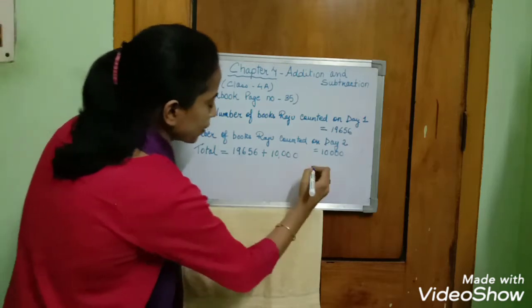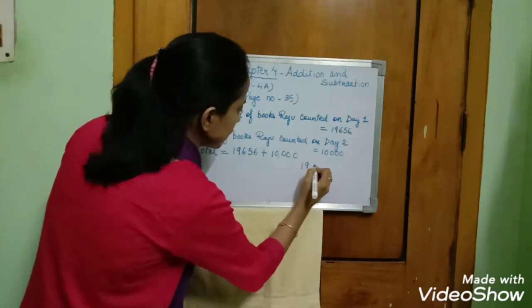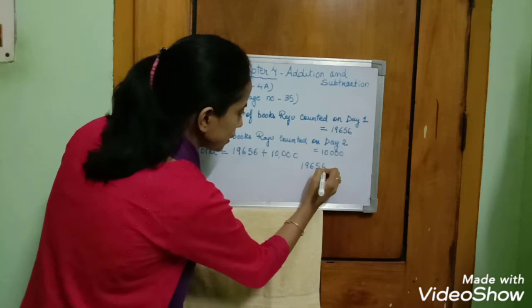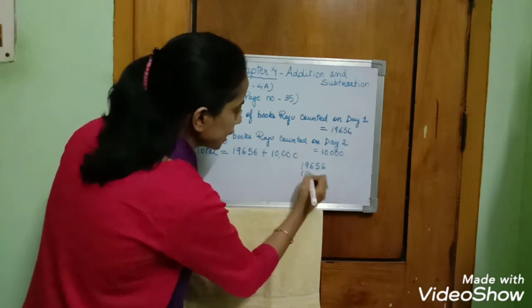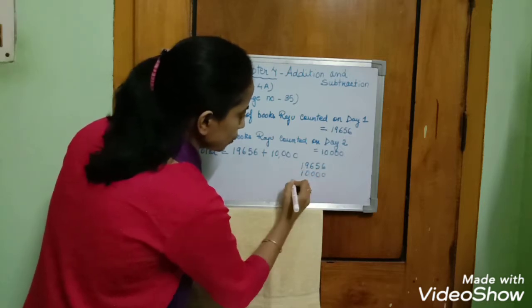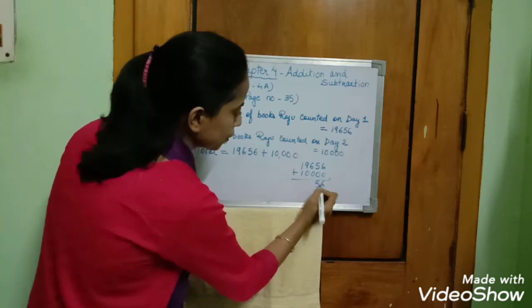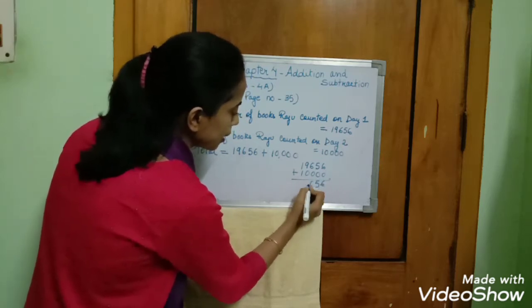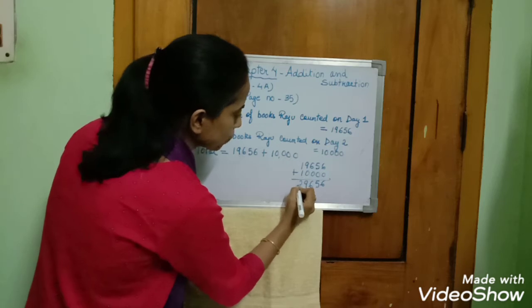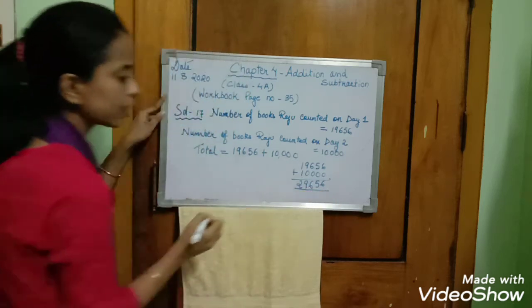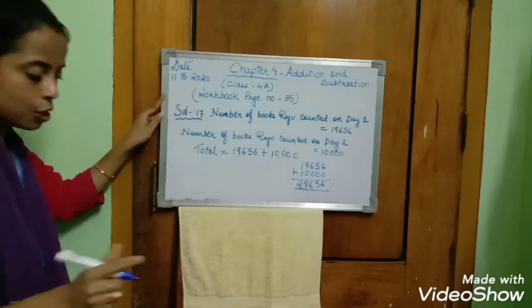So you add it up. 19,656 plus 10,000. So 6 plus 0, 6. 5 plus 0, 5. Then 6. 9 plus 0, 9. 1 plus 1, 2. So 29,656. So what is the question?